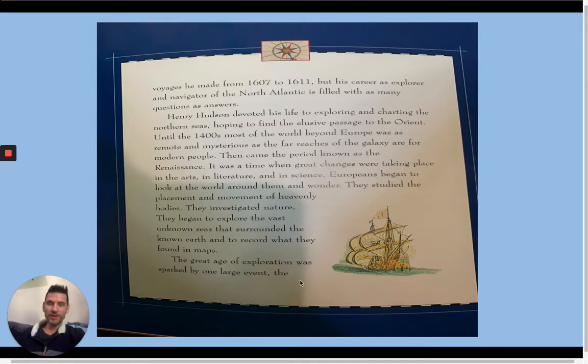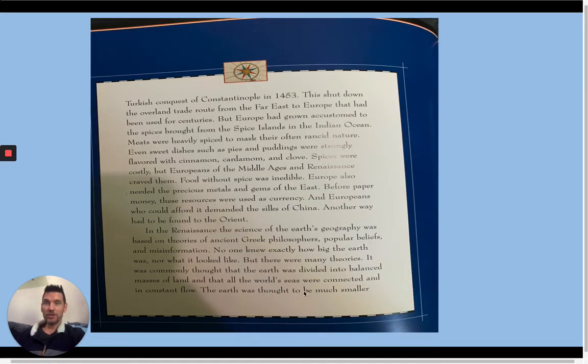The great age of exploration was sparked by one large event: the Turkish conquest of Constantinople in 1453. This shut down the overland trade route from the Far East to Europe that had been used for centuries. But Europe had grown accustomed to the spices brought from the Spice Islands in the Indian Ocean.